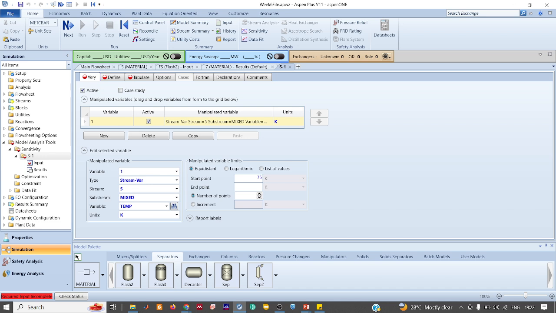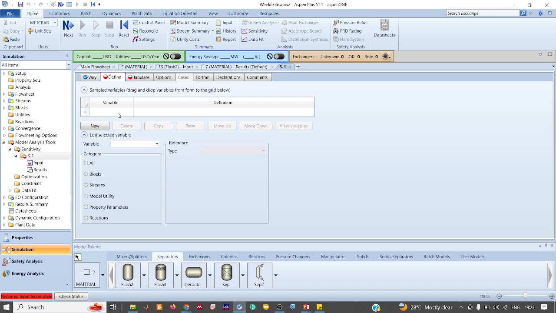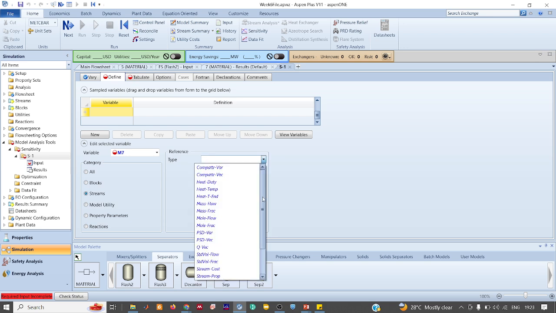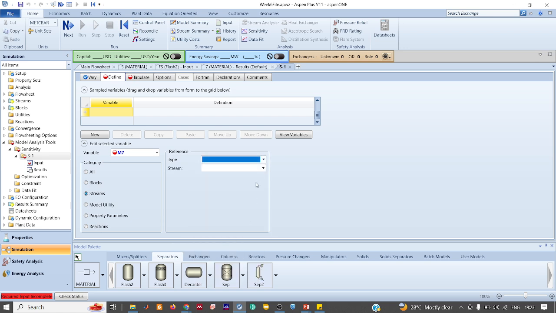Let's say from 75 to 210 with an increment of 1 Kelvin. Okay. Now what do you define? You define M7, the stream variable of stream 7.